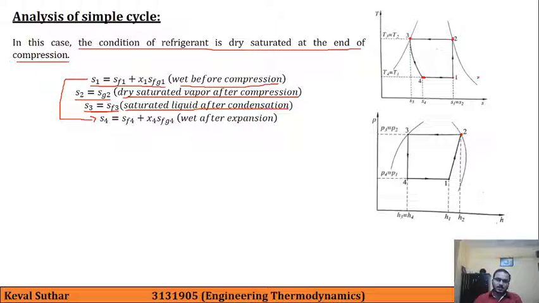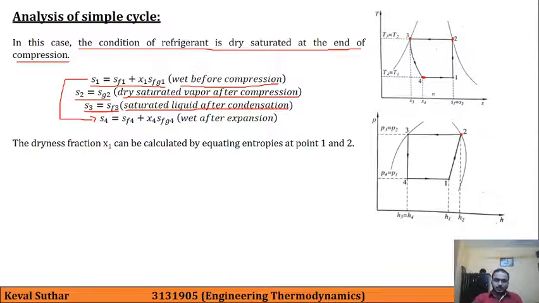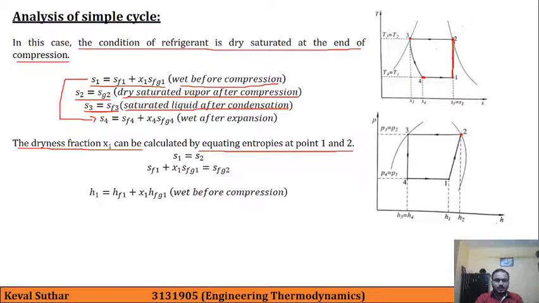So S4 = SF4 + X4 SFG4. Now we need to calculate the dryness fraction X1 by equating the entropies at point 1 and point 2, because the entropy here is the same. In this way we can calculate the value of X1.